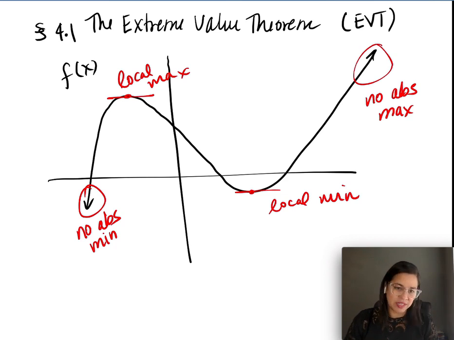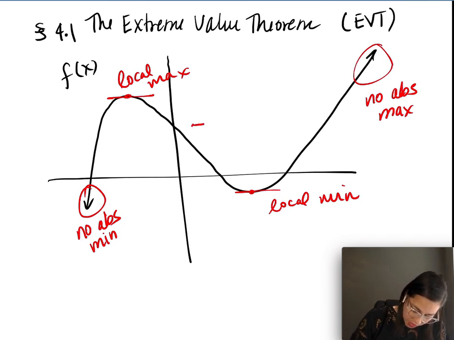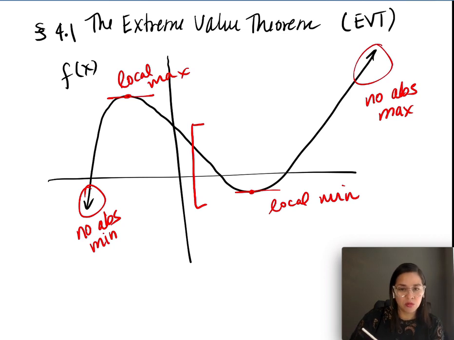Now imagine for a second that instead of taking the whole graph, I restrict the domain, okay? So say, for example, I do this. Instead of taking the whole thing, I go, okay, fine, I will consider my function from here to here.